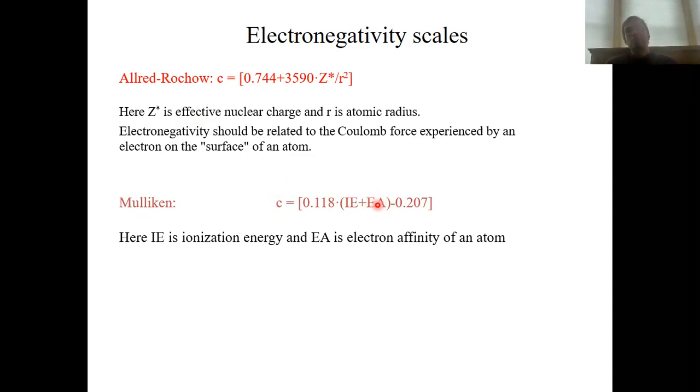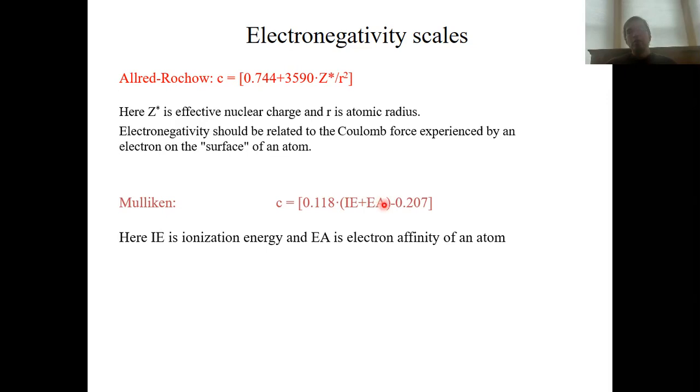We are not too surprised that this works also, because if an atom has a high ionization energy, then as a tendency it will probably also have a greater ability to attract an electron within a chemical bond, so its electronegativity will tend to increase.